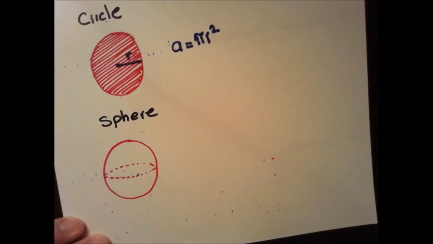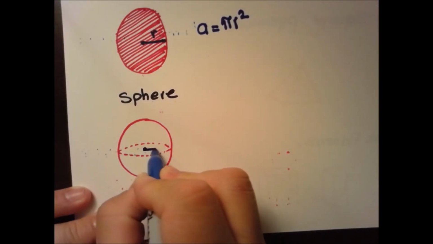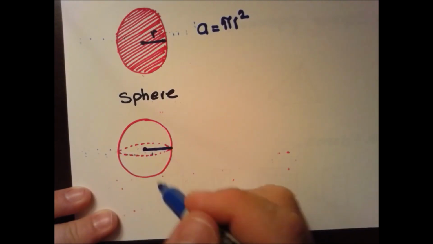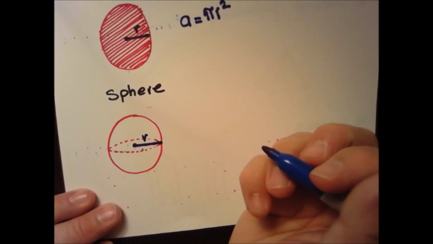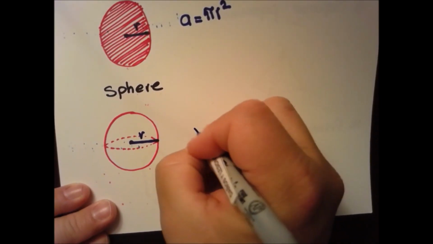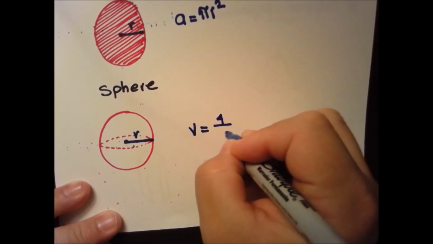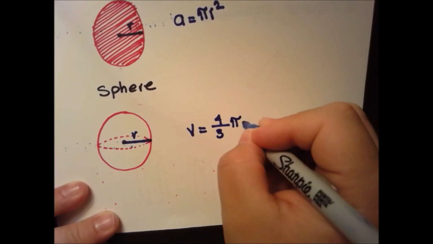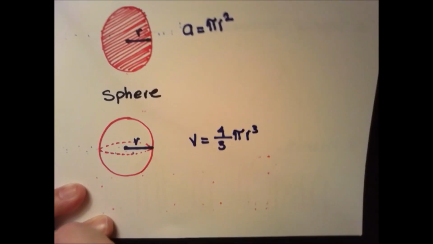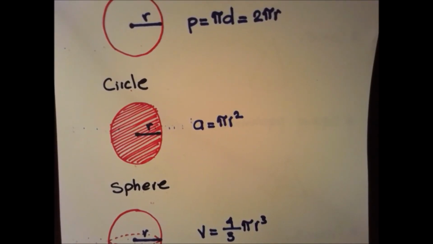But again, the distance from the center of this sphere to any point or side of the sphere is going to be the same, the radius again. And the volume in that case is calculated by the formula 4/3 times pi times the cubed radius. And we conclude with this very important geometric shape.